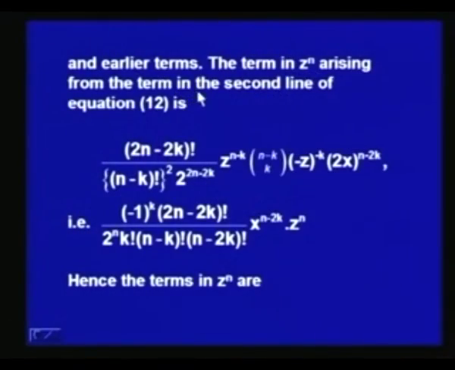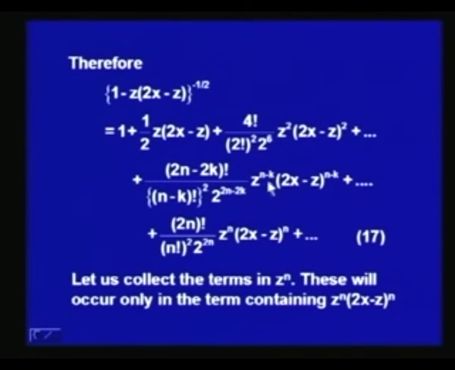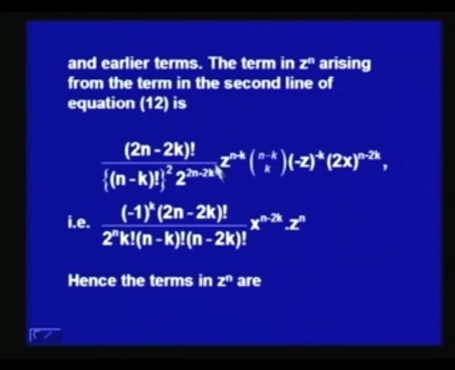So the coefficient of z to the power n will occur only in the term containing z to the power n into (2x minus z) to the power n and the previous terms. The term in z to the power n arising from the term in the second line of equation 12: in this equation if you find the coefficient of z to the power n, it turns out to be 2n minus.